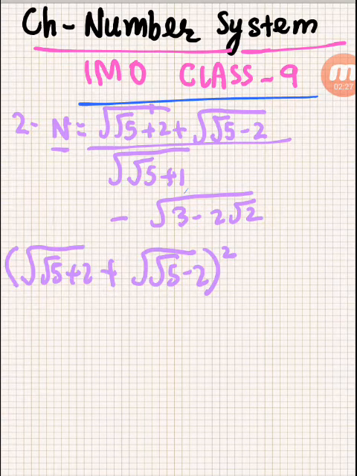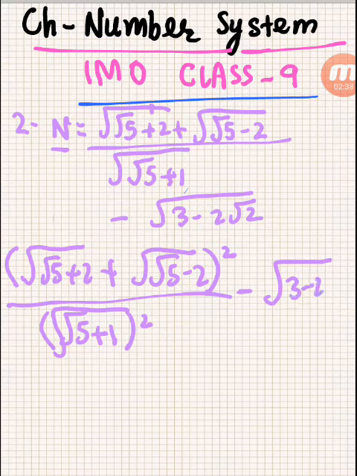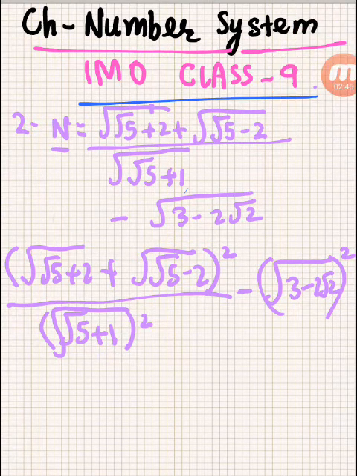So after that, squaring this also, and minus, so let's solve it further. So after solving this whole, the n will be equal to 1. So A part is our answer.